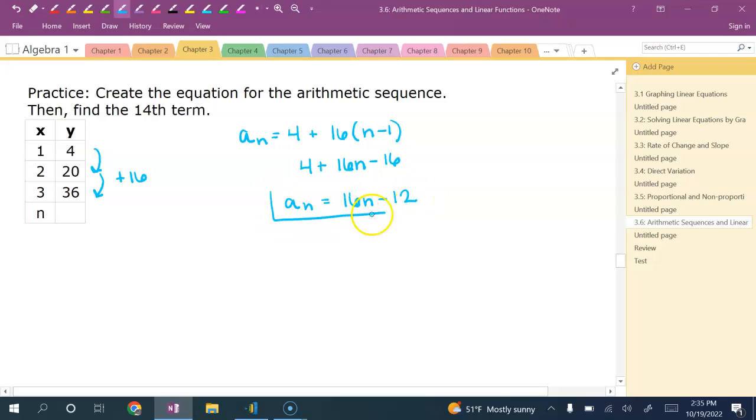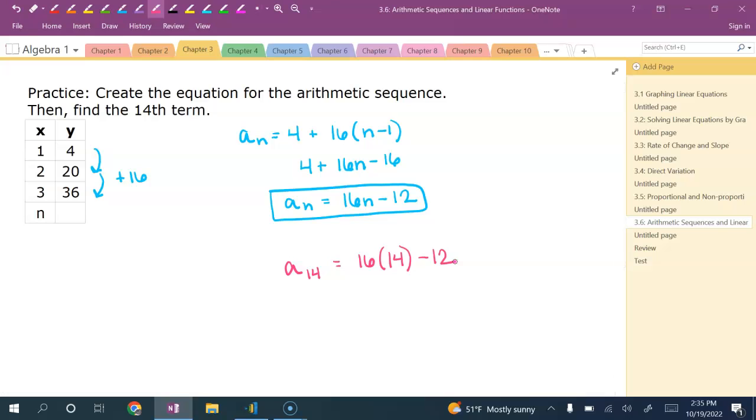So there's our equation. Now to find the 14th term, I would take 16 times 14 and subtract 12. So 16 times 14 should be 224, minus 12 should have gotten us 212.